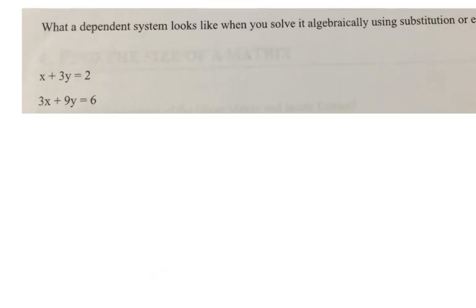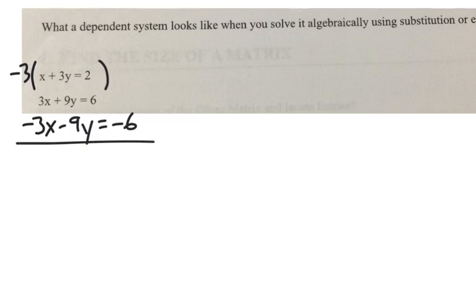So I would multiply the top equation by negative 3 to make the x's cancel. So that would be a negative 3x minus 9y equals negative 6. Is that right? Negative 3x minus 9y equals negative 6. Then I combine them. This goes to 0.